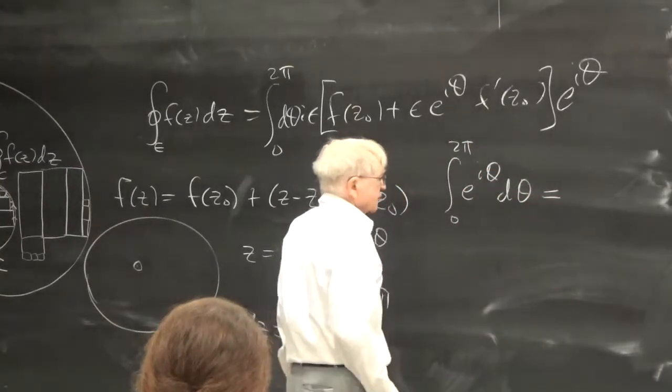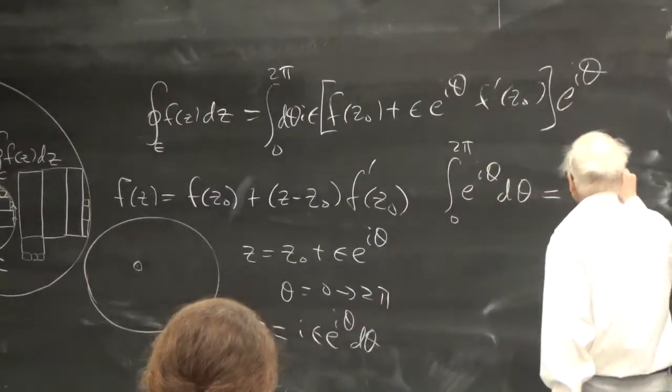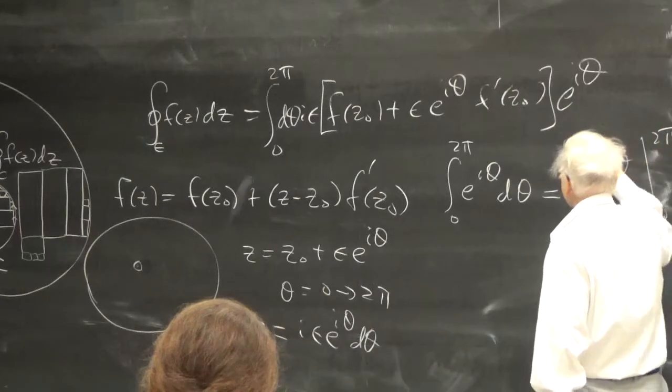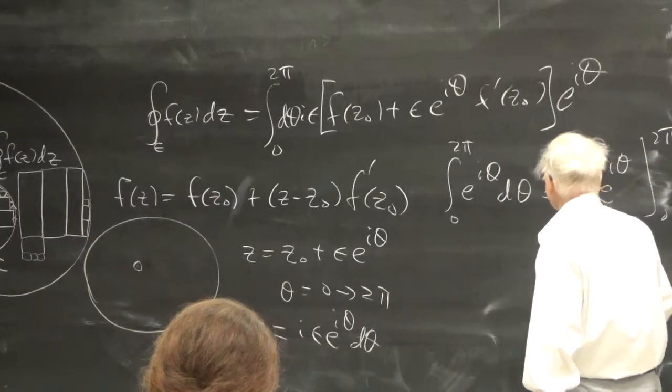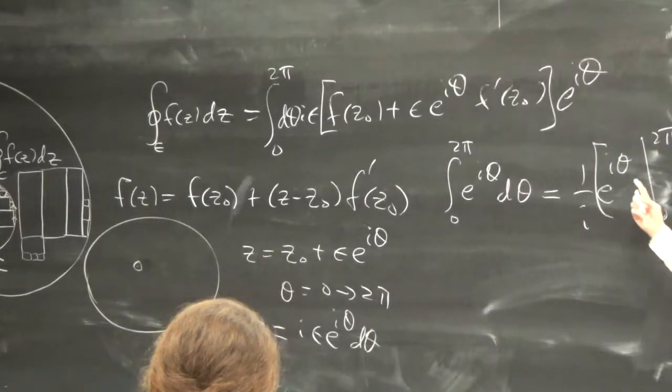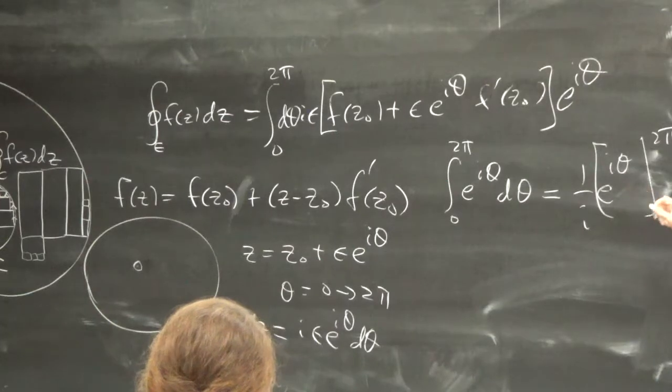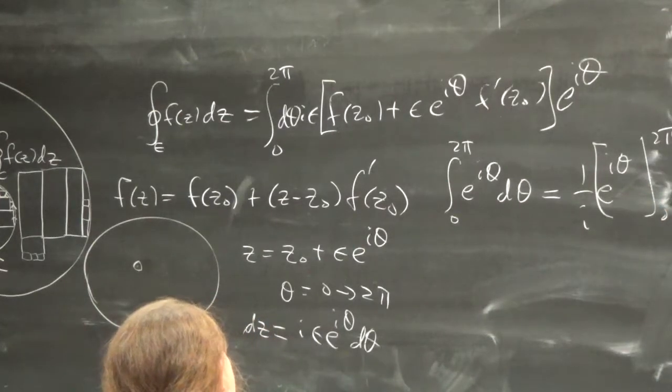And what is that? Well, that's e to the i theta evaluated at 0 and 2 pi divided by i. But e to the i theta, when theta is 2 pi, is 1. e to the i theta when theta equals 0 is 1. So this is 1 minus 1 over i, and that's 0.